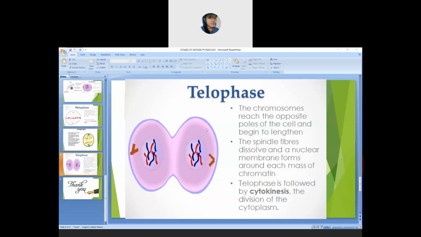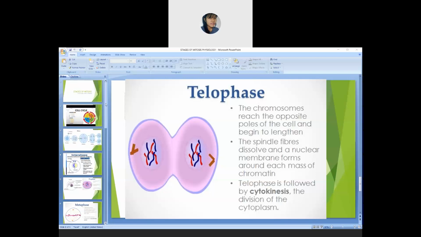Two cells, okay. In which phase will the spindle fibers disappear? Telophase. Okay.